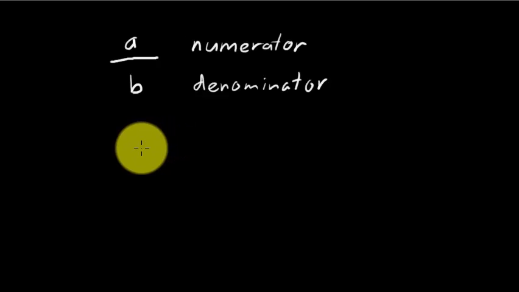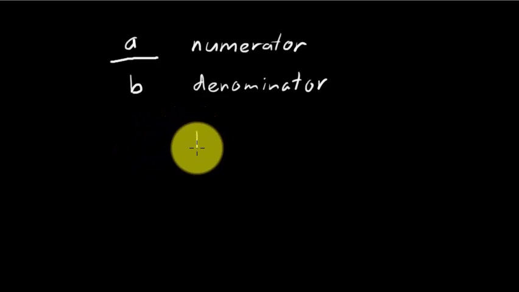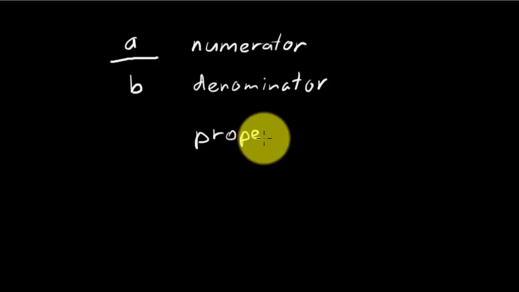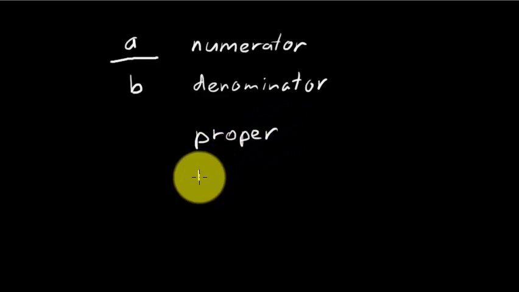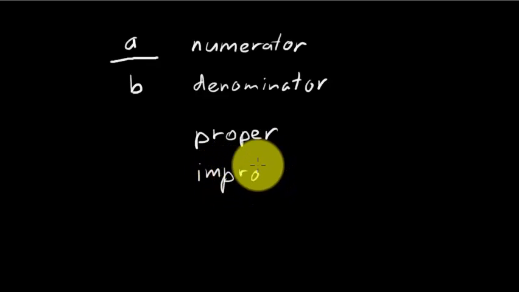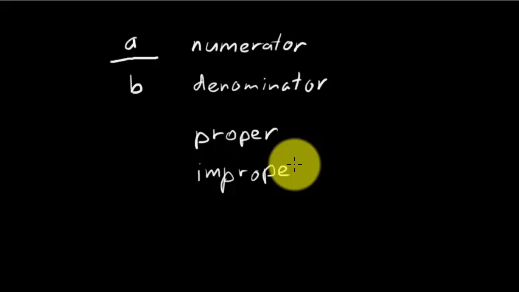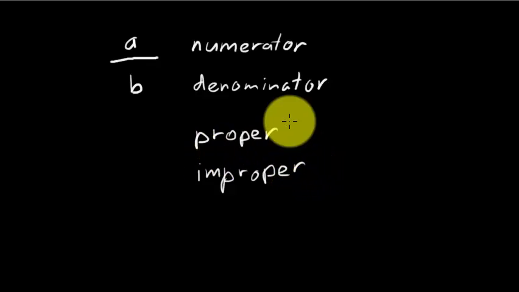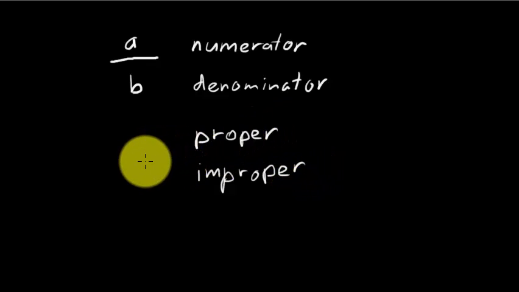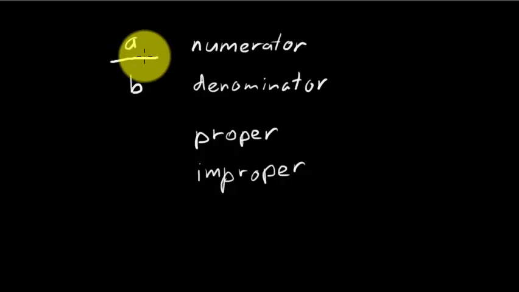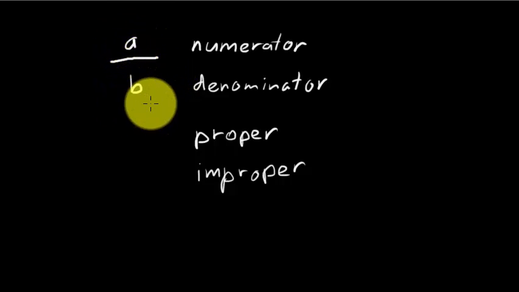Two types of fractions are proper fractions and improper fractions. And let's have a look at the difference between those. So a proper fraction is what you typically see, and that's when the numerator, A here, is less than B, the denominator.